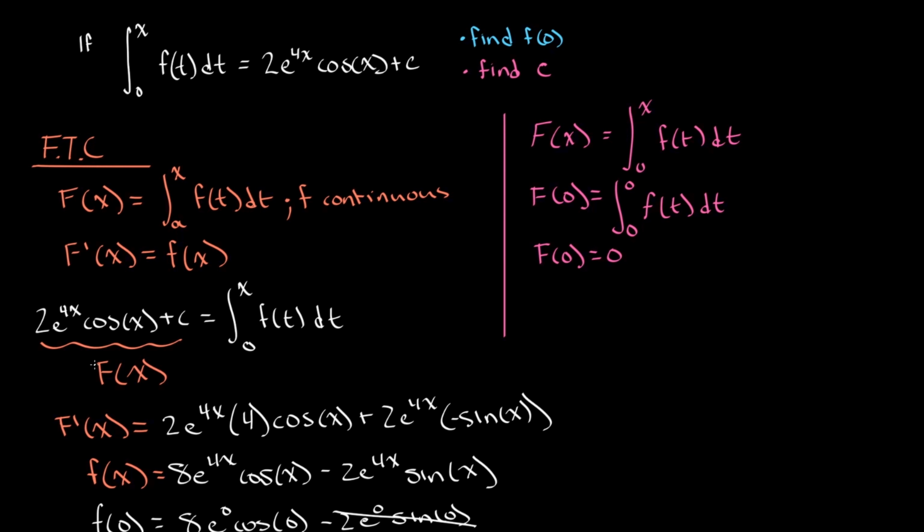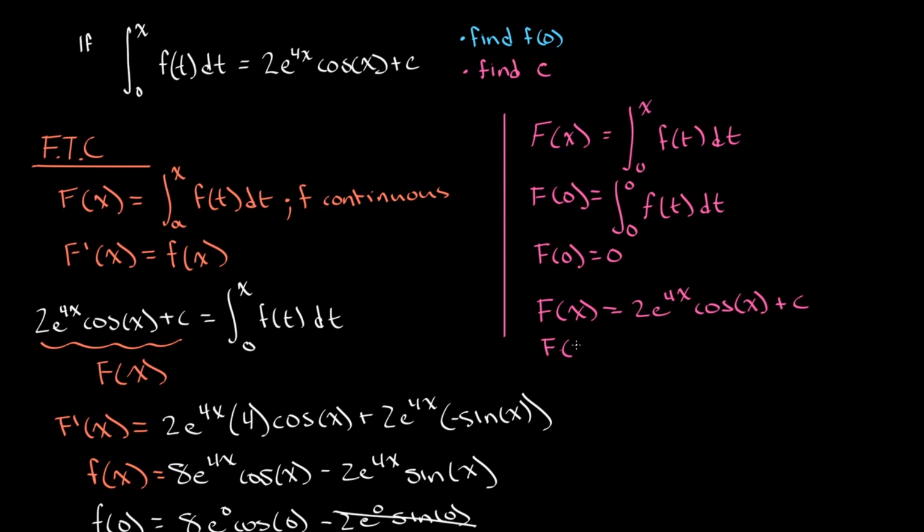Now, under that, we can then again use our notation. We called that capital F of x is equal to 2e to the 4x power times cosine of x plus c. So let's now write that out. We have capital F of x is equal to 2e to the 4x power times cosine of x plus c. And now what happens when we evaluate this at 0?